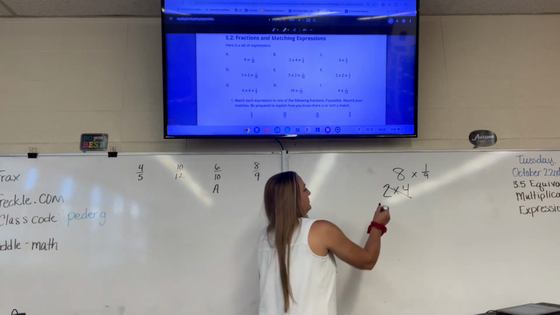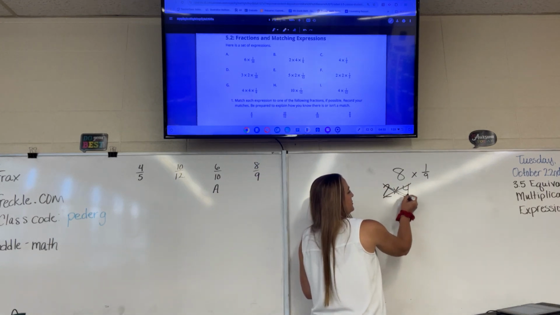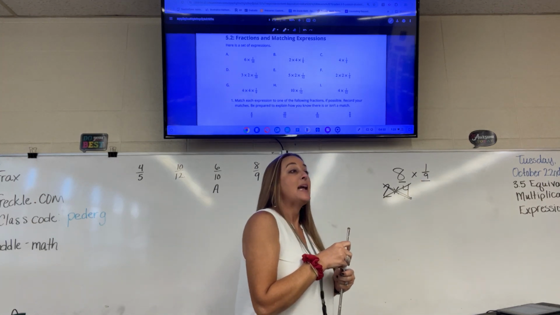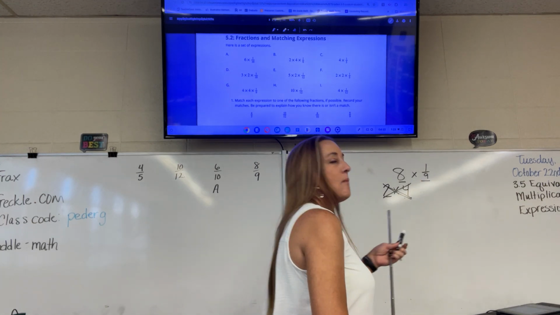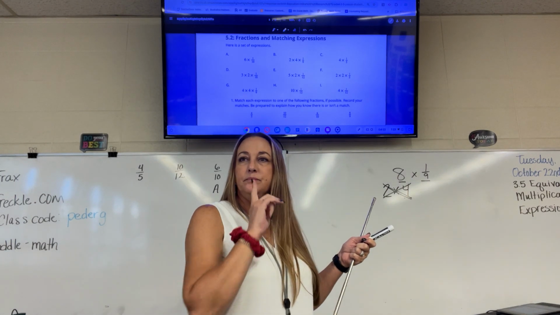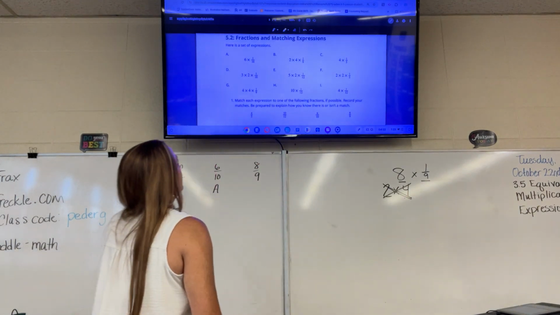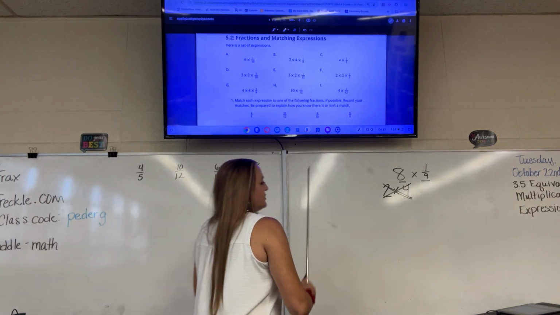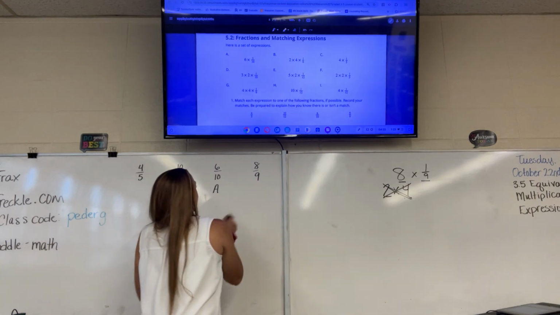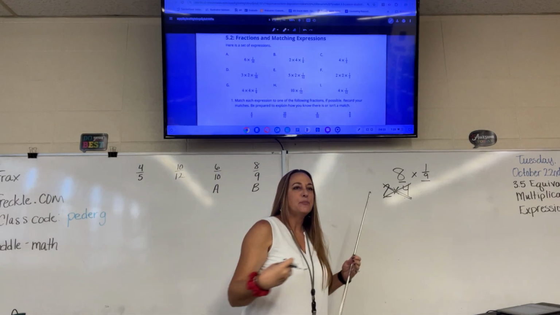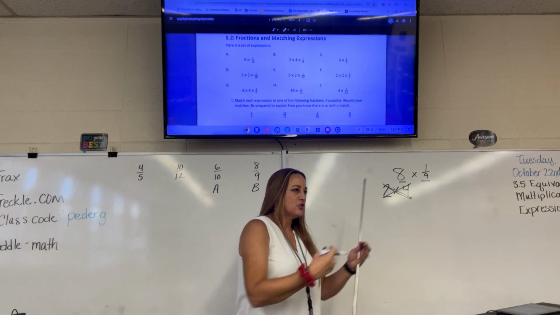The 4's gone. When you multiply the 4 times the 2, you got 8. Now we have 8 times 1/9. 8 ninths. Do you understand? 8 times 1/9 is 8 ninths. So B is going to go underneath 8 ninths.